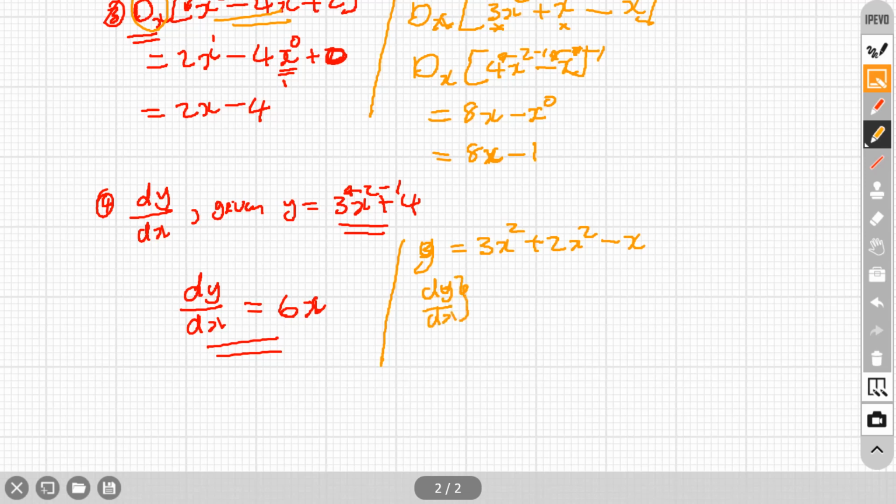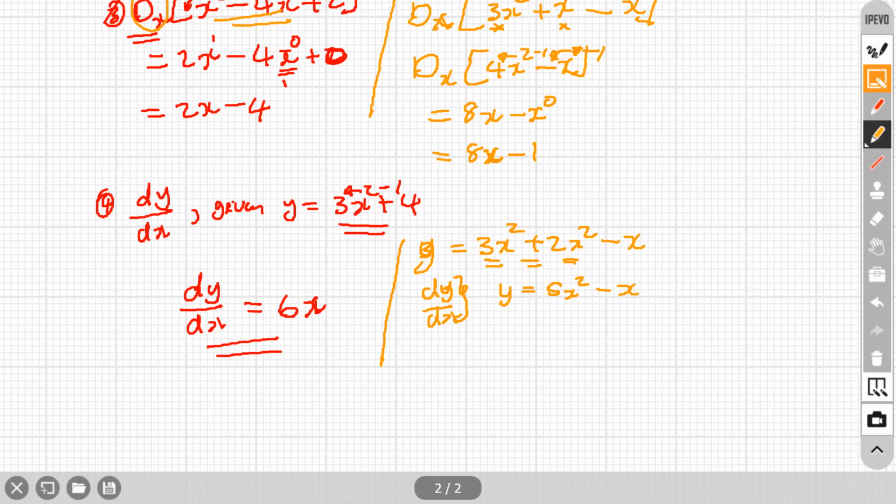So it's clear that our equation on top here is not in its simplest form. So number one, we have to simplify it first. So it's going to be y is equals to 3x squared. Wait. Our like terms, it's 3x squared and 2x squared. When we add them, we get 5x squared minus x.